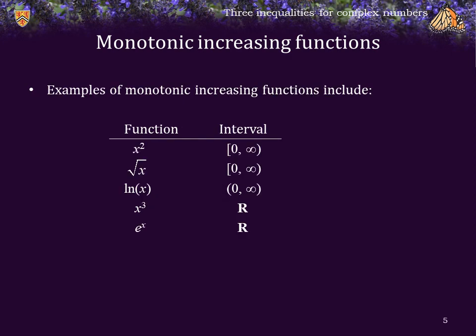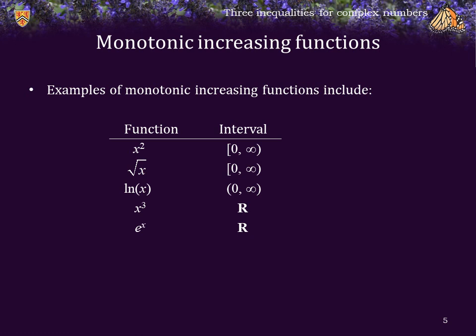Now, examples of monotonic increasing functions with their corresponding intervals are shown here. For example, x squared. The derivative of x squared is 2x, and 2x is greater than or equal to 0 whenever x is greater than or equal to 0. Similarly, the square root of x is defined for values of x greater than or equal to 0.